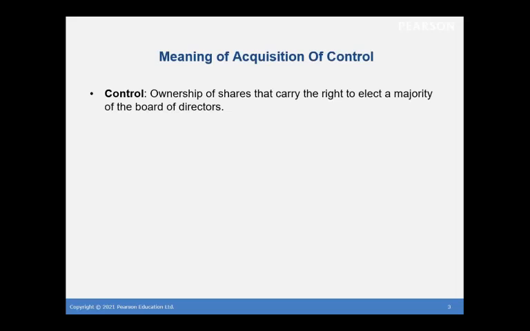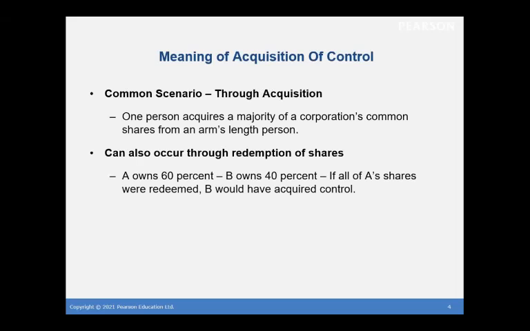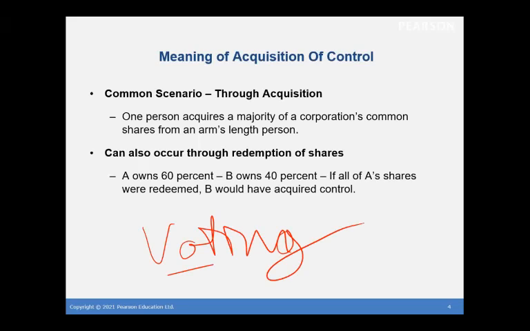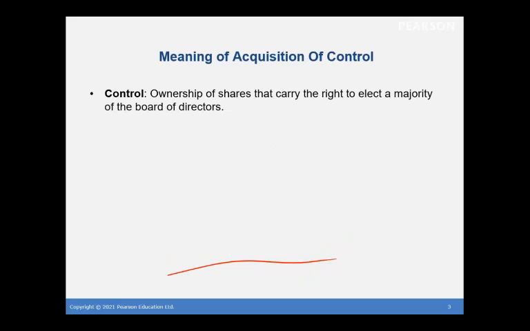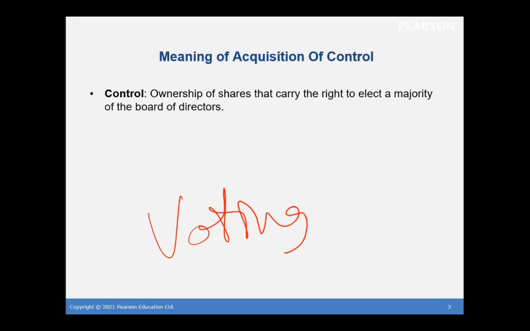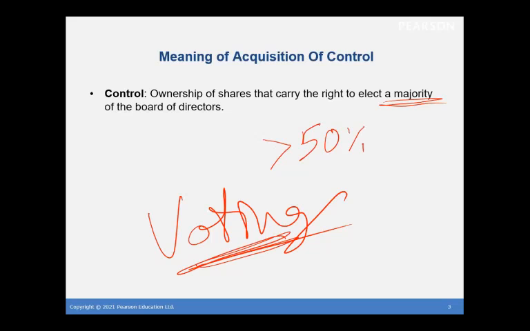In other words, you own voting shares, or more specifically, enough voting shares that you can control the entity, to elect the majority of the board of directors. Simply put, this would be greater than 50% of the voting. That's a simple way to look at control of an entity.